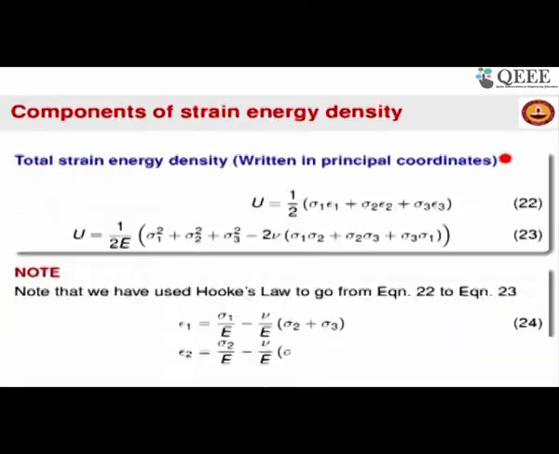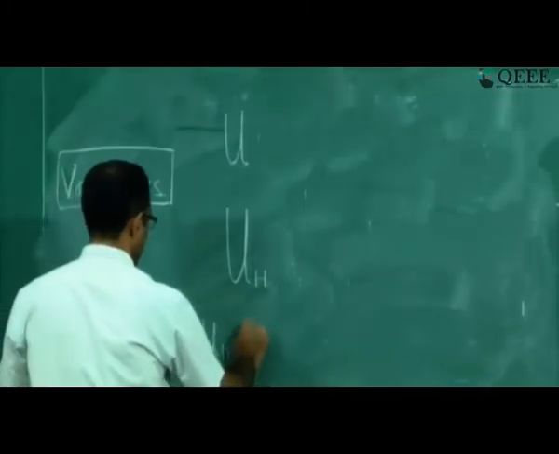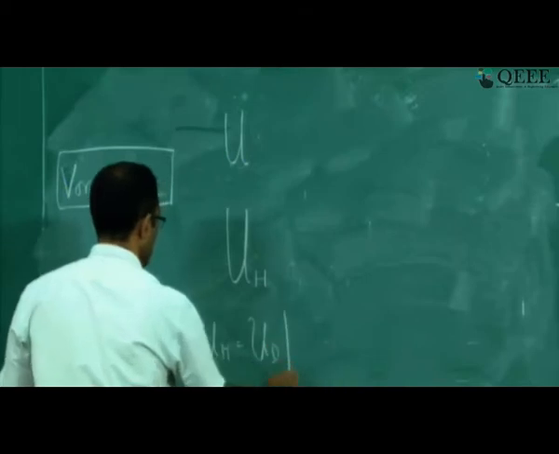So first we need to calculate the strain energy density that is associated with distortion alone. So what do we have to do? We have to find the total strain energy density U, and the strain energy density UH associated with the hydrostatic component of the stresses, and then subtract the two. U minus UH will give you the distortion strain energy density.